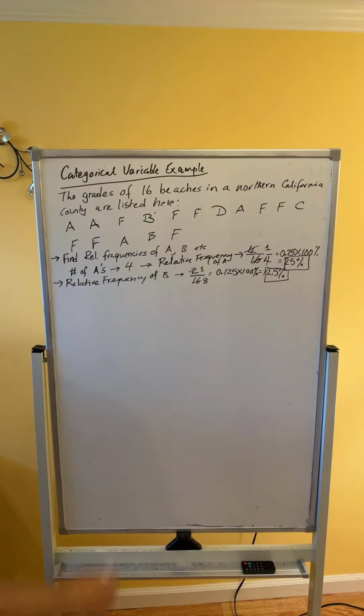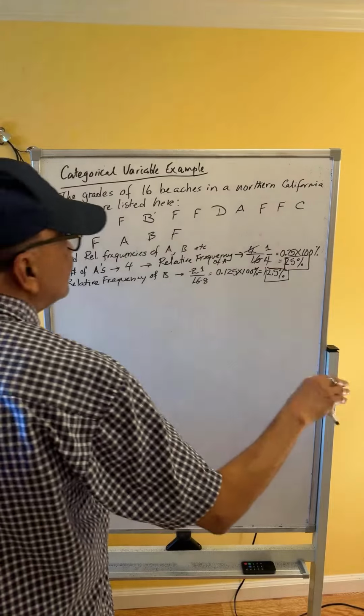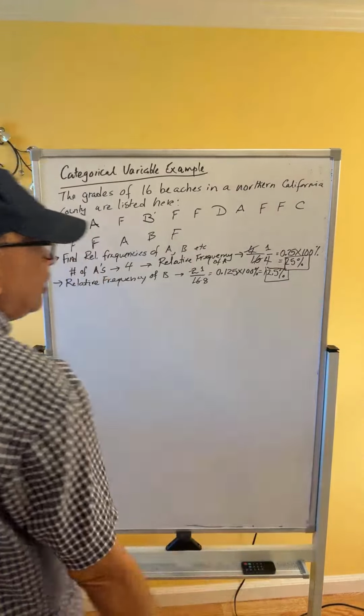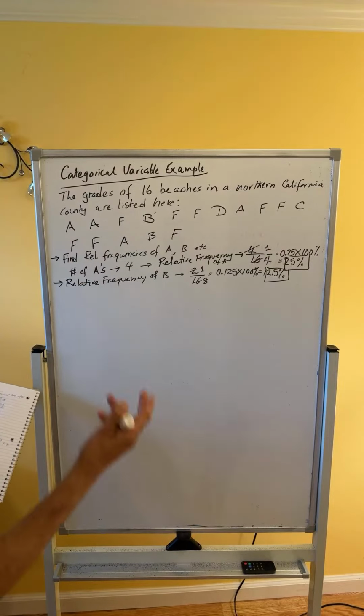You get the picture. You can count the number of C's and then divide it by the grand total to get the relative frequency proportion, multiplied by 100, shift the decimal 2 places to the right, you get a percentage.